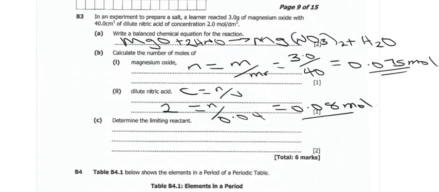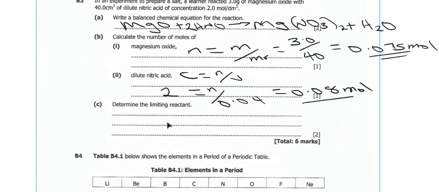Okay, determine the limiting reactant between the magnesium oxide and dilute nitric acid. So first we look at the mole ratio of these reactants. They will be reacting in a ratio of 1 to 2.